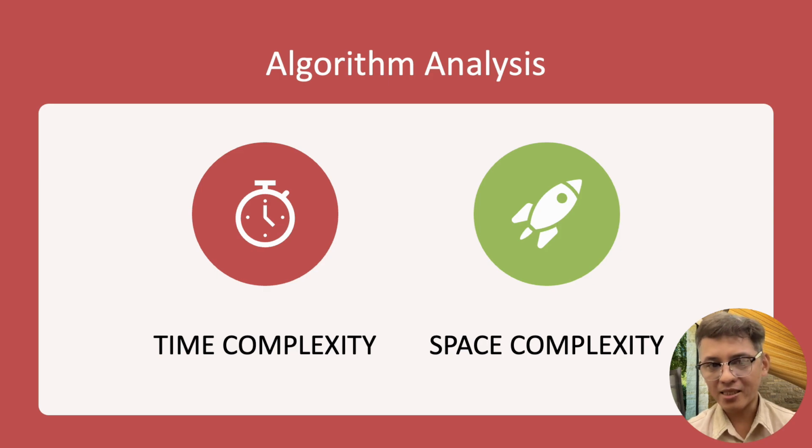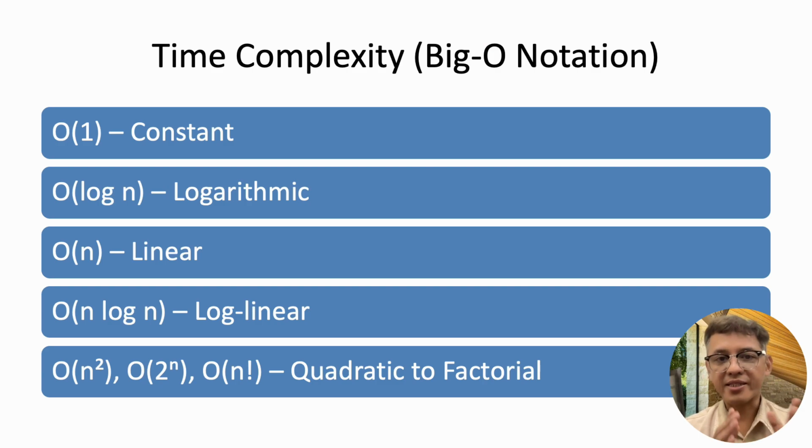For small tasks, most algorithms will seem fast, but with large data, inefficiencies become obvious. To express time complexity, we use big O notation. It describes the upper bound of an algorithm's growth rate as the input size increases.